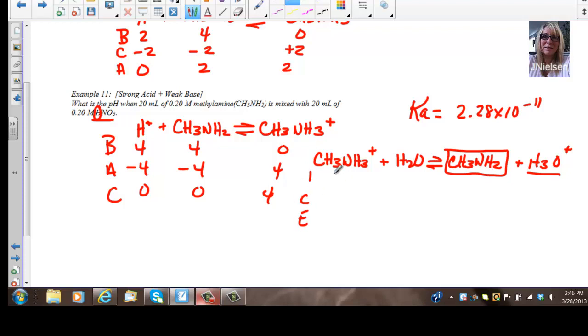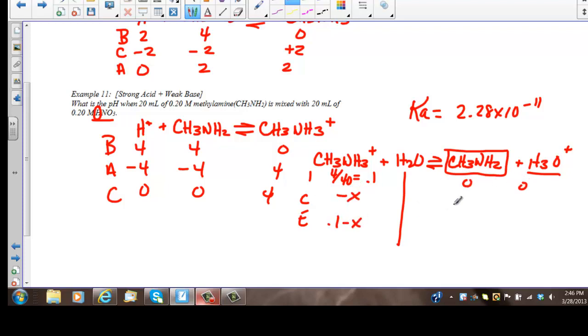ICE, remember we need concentrations. So now we have to put it over the total volume. We've got 4 divided by 40, which gives us 0.1. We're not worried about water, and we've got 0, 0, minus x, 0.1 minus x, plus x, plus x.